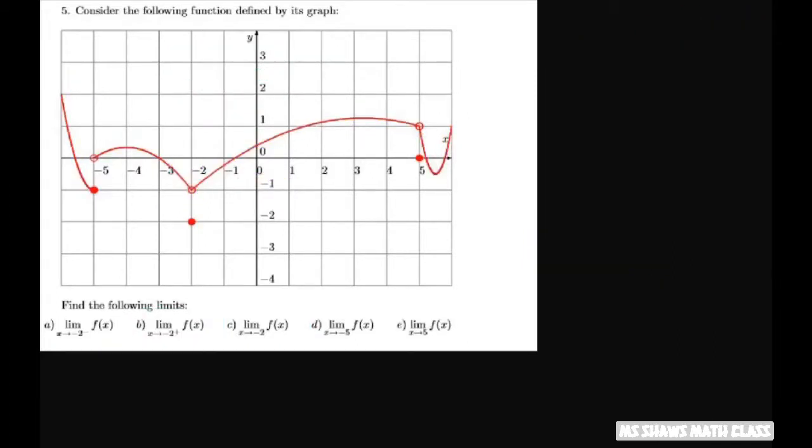The next one is the limit as x approaches -5 of f of x. This one doesn't have the to the right and to the left. So if we go from the left, we're going to -5.